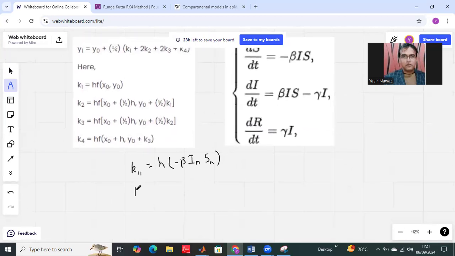Then for the next equation, I write it as K12. K12 can be written as H times beta IS, so beta IN, minus gamma IN.